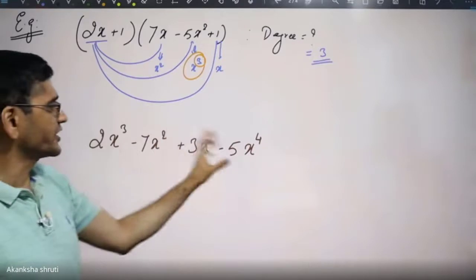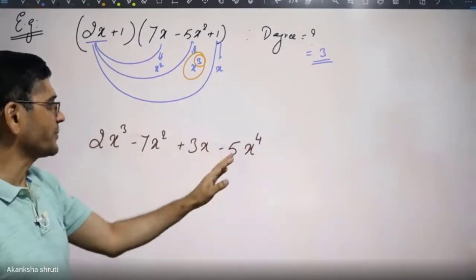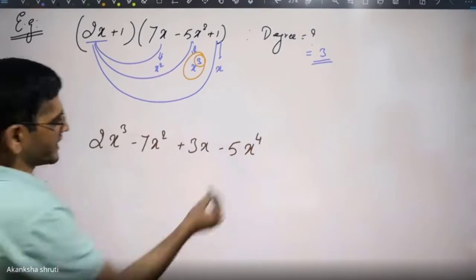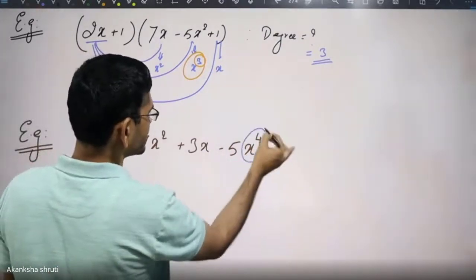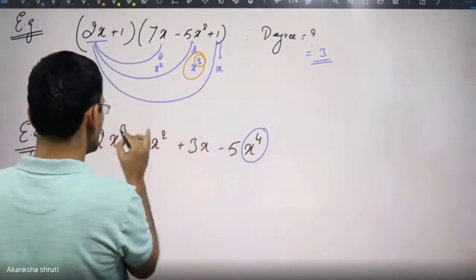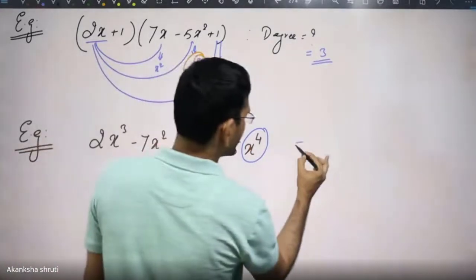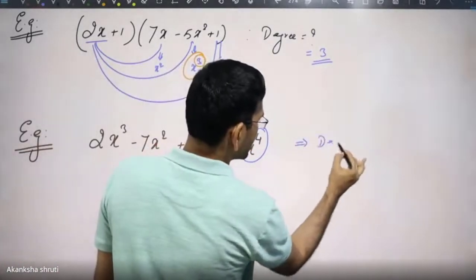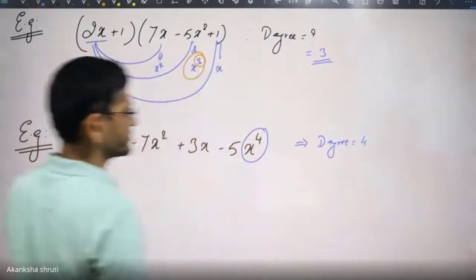For defining the degree of the polynomial, we need to focus on the highest power of x, which is this one, because in all the other places it is 1, 2, 3. So from here we can say the degree is 4. It is this one.